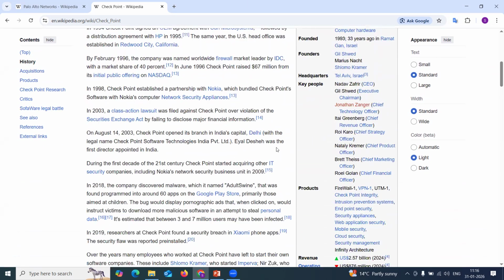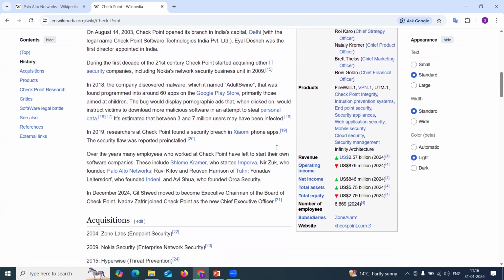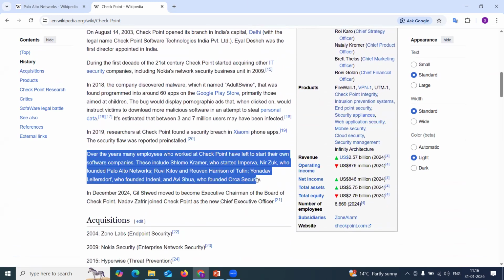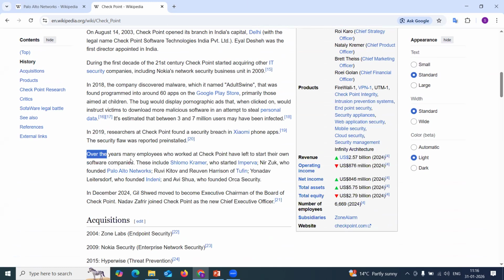The reason is, read this. Over the years, many employees who worked at Checkpoint Firewall or the Checkpoint team have left to start their own software companies. Like Nirjuk was a guy who founded Palo Alto Networks.